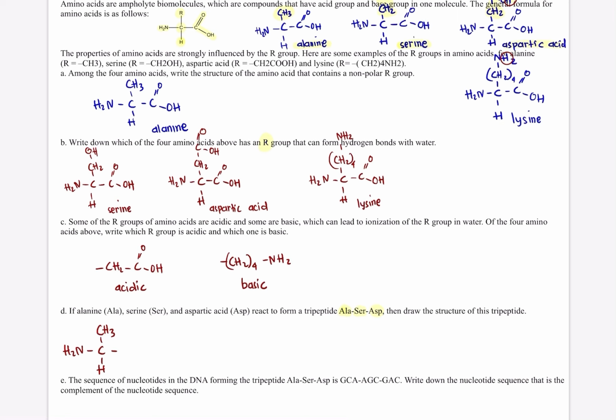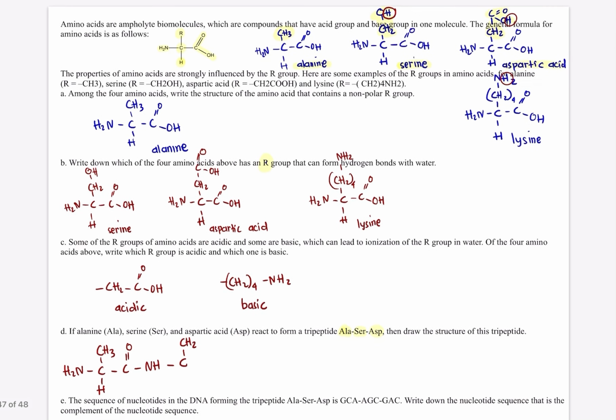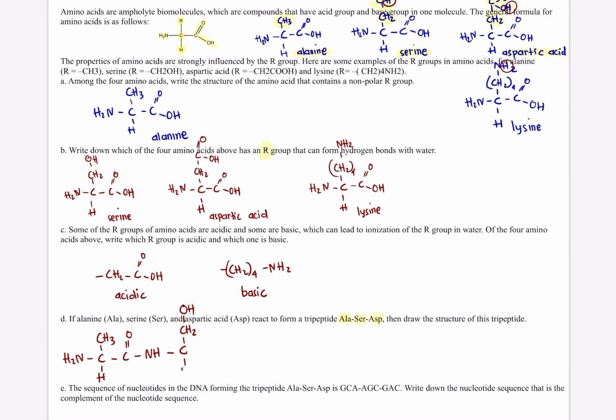So in that case, we have CO and NH. Okay, and then we draw the structure of serine, which is C, and then we have the side group, the R, which is actually CH2OH, and then this one is the hydrogen, and then this is the carboxylic acid which will react with the amine group of the aspartic acid.